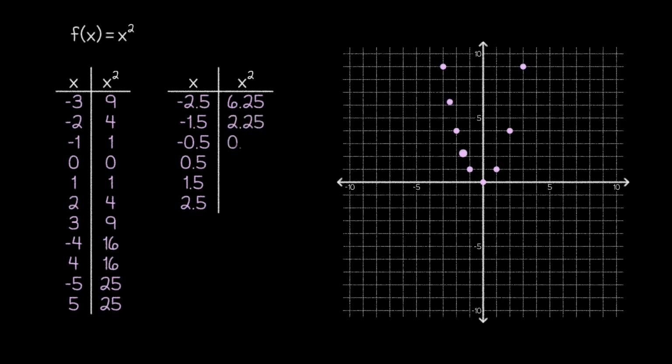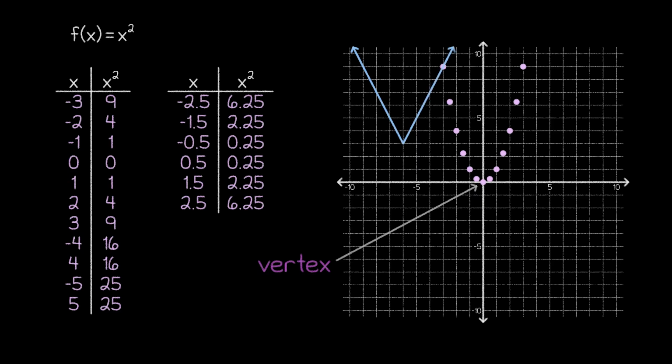As we plot these new points, we can really start to see the details of the graph shape better. The main area to observe is the bottom of the graph, which is called the vertex, just like it was in absolute value graphs. We can see that the graph is going downhill as we approach the vertex from the left, but then the graph switches to going uphill as we continue moving to the right.